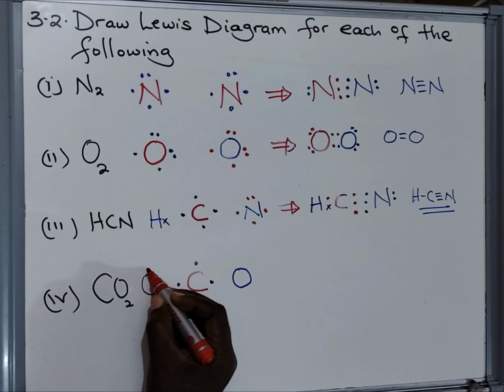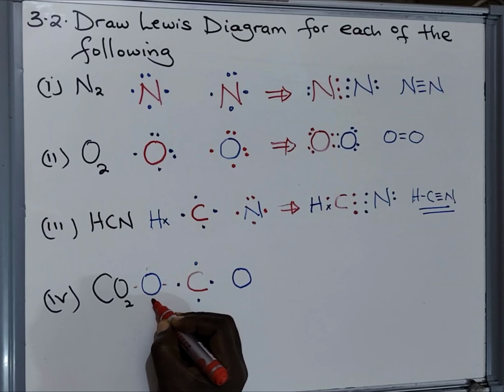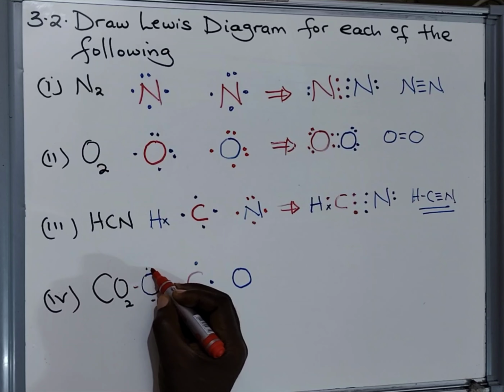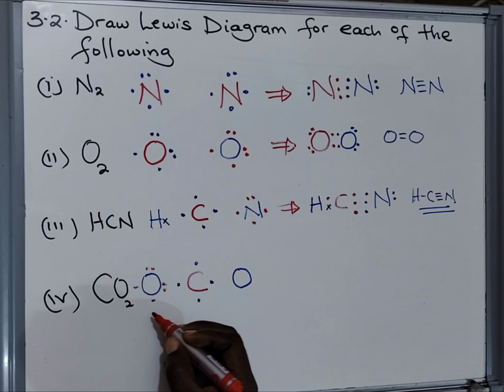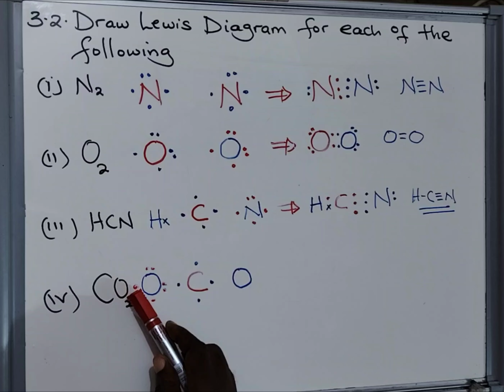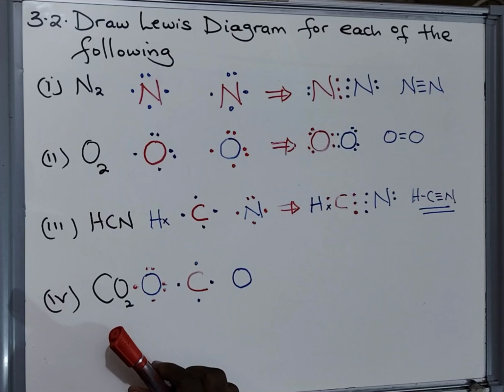It's 1, it is 2, it is 3, it is 4. Now remember it's 6, so it's 5, it is 6. What does this show? This shows that oxygen has 2 unpaired electrons. So oxygen has the capacity to form 2 bonds.